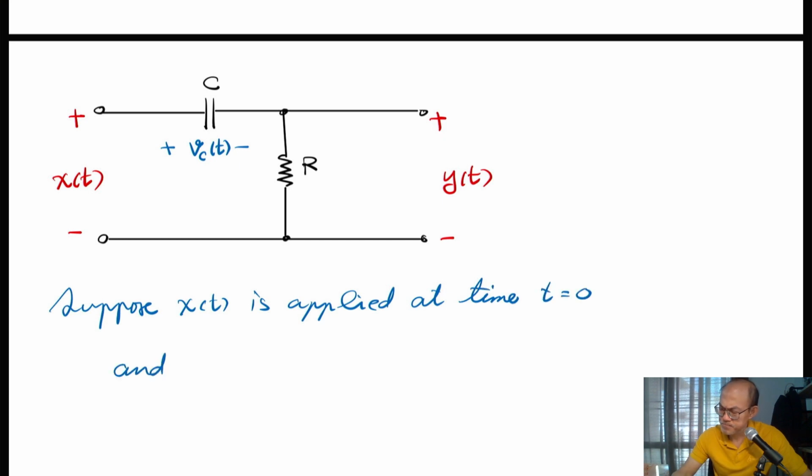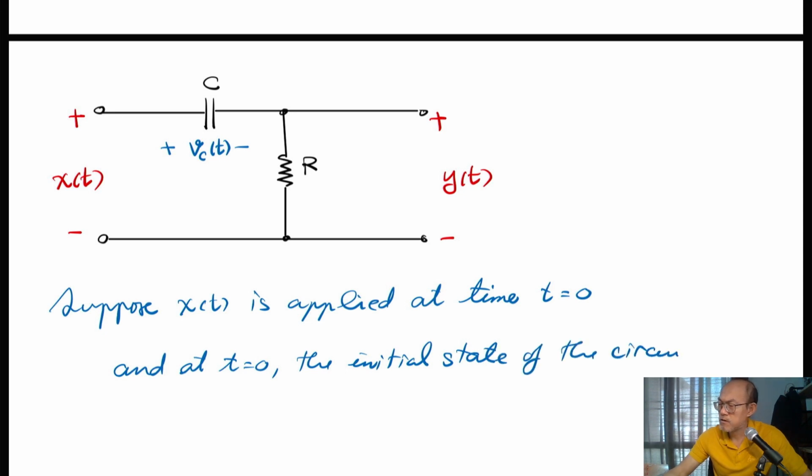and at t equal to 0, the initial state of the circuit is Vc of 0.